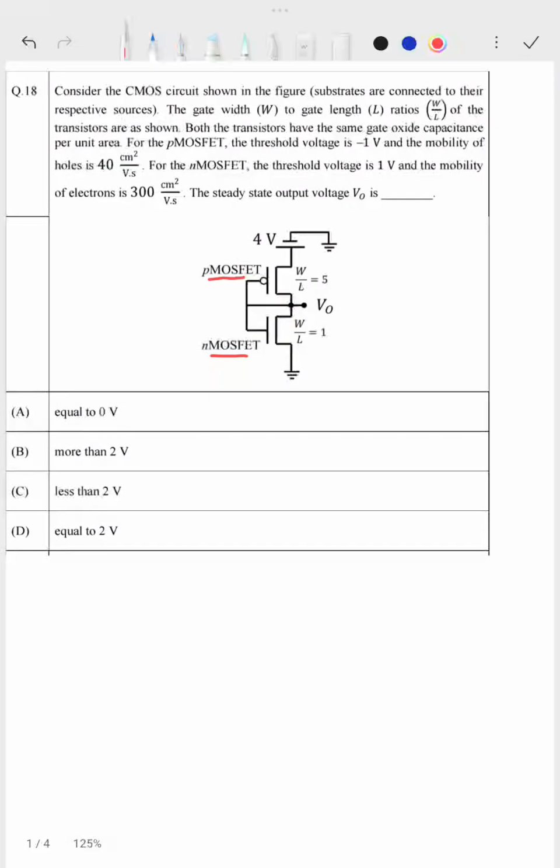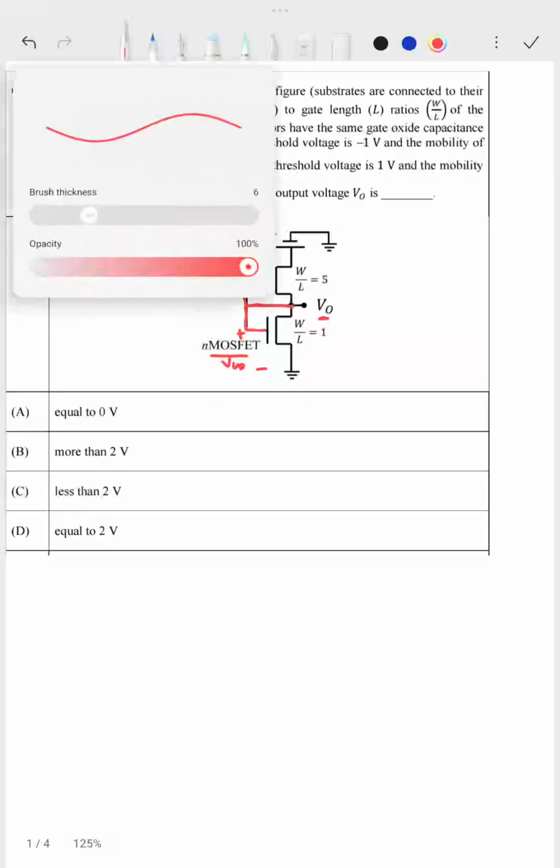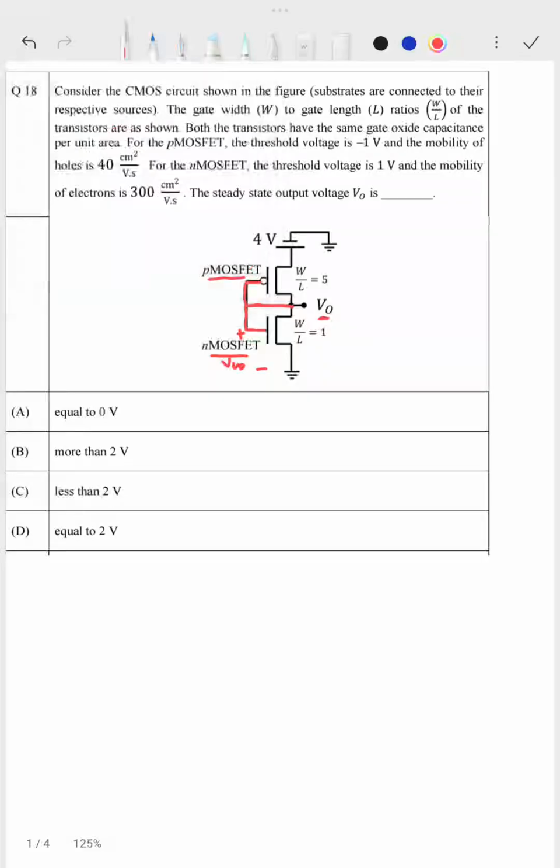Here the output voltage V0 is connected to the gate, and here also V0 is connected to the gate of the PMOS. Fine. So this is the VGS voltage of NMOS, and this is the voltage VDS.